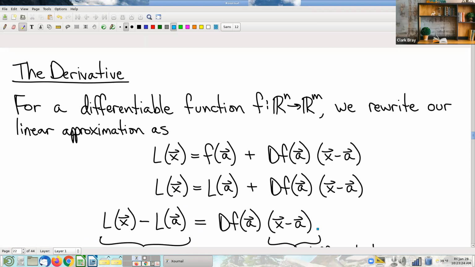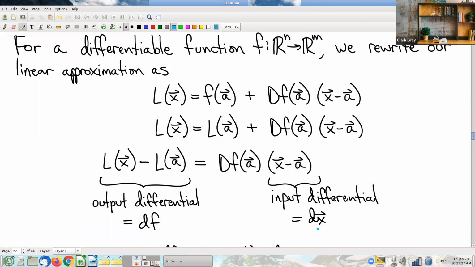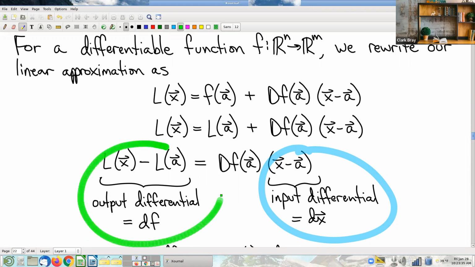Said differently, we have the input differential on the right and the output differential on the left. Keep in mind what a differential is: a linear estimate of change. So how much L changes is our linear estimate of how much f changes. So it's the differential.